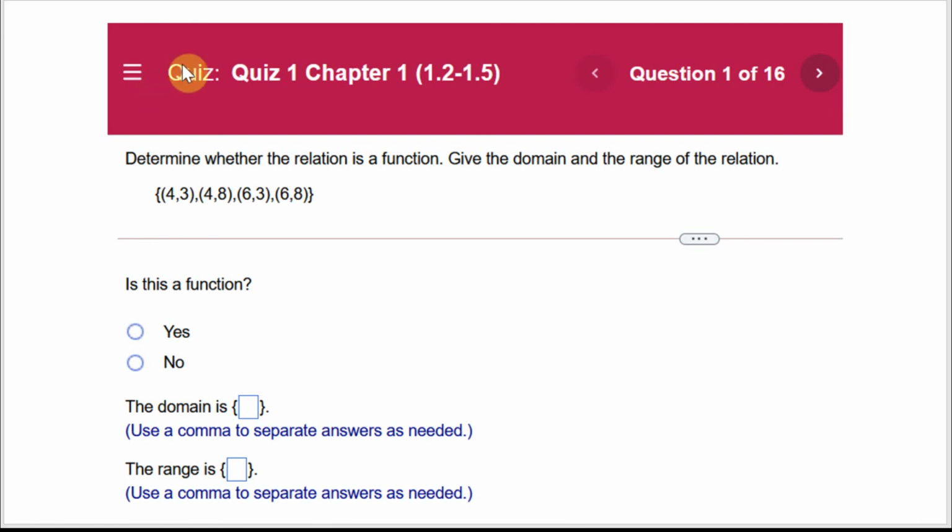3 comma 6. So we find the slope: 18 minus 6 all over 9 minus 3 gives us 12 over 6. So that gives us 2. And then we just take one of these points. I'm going to take the 3 comma 6. So we have y minus 6 is equal to 2 times parentheses x minus 3.